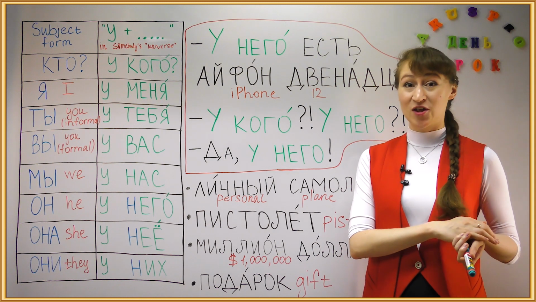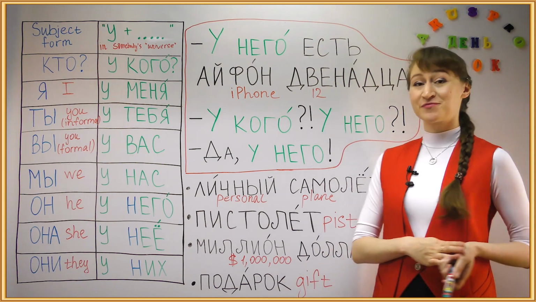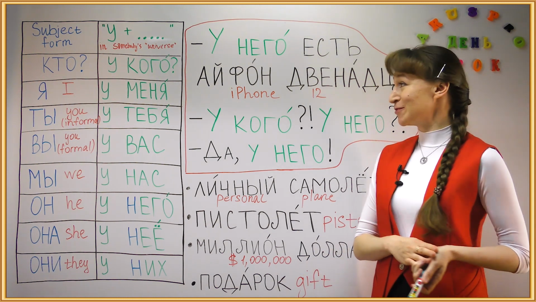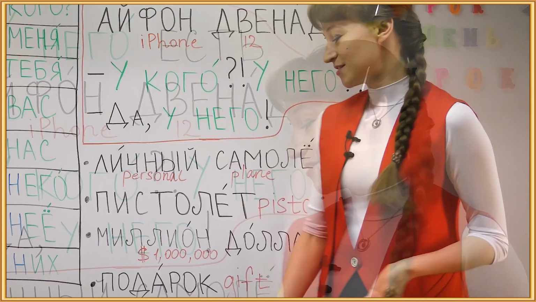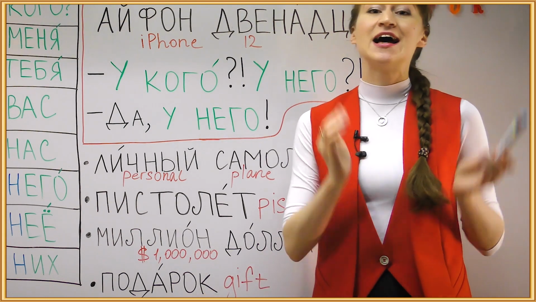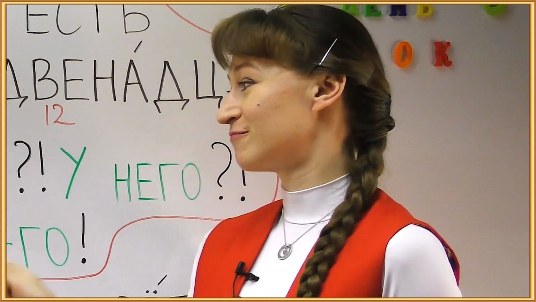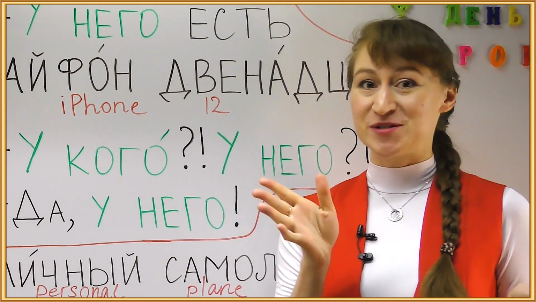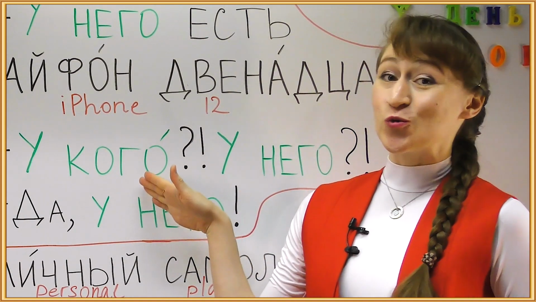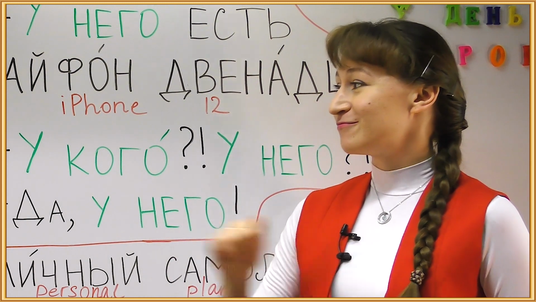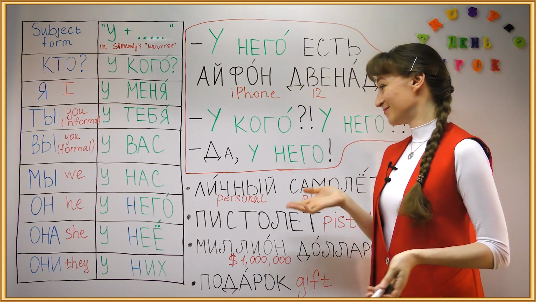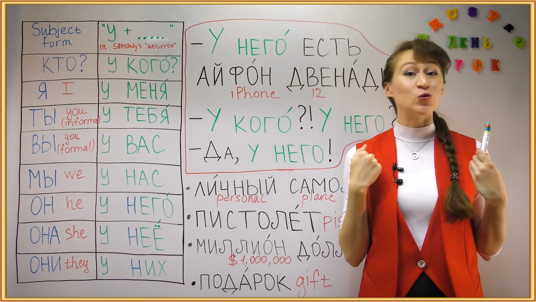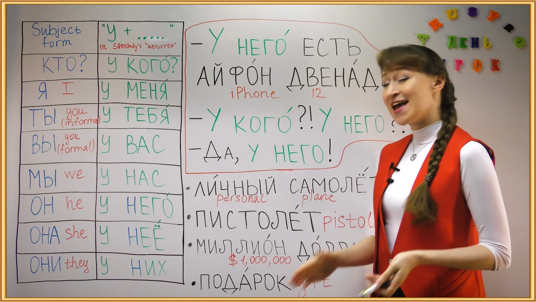No, you guys cannot have $1 million. And one more. У меня есть подарок для вас. For you. You are surprised. У кого? У тебя? Да, у меня. So I have a gift for you.